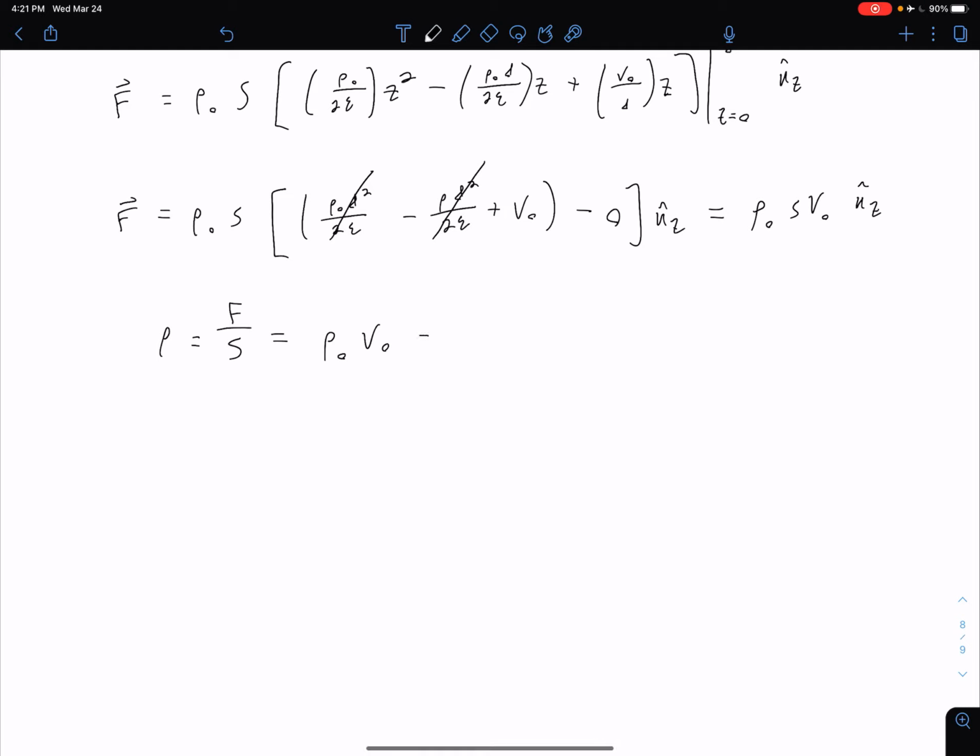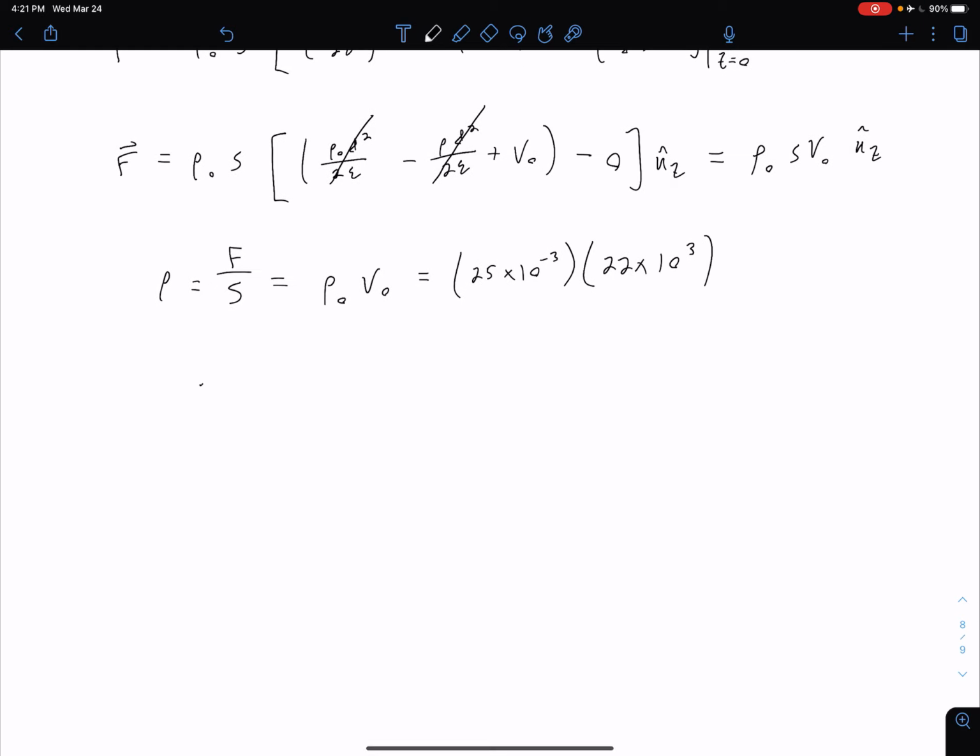And so we plug in our values: 25 times 10 to the minus 3rd coulombs per meter, and our volts, we had 22 kilovolts. I don't think I had copied that in this video, but that was given in the previous video. Our V naught was 22 kilovolts. That gives us a final answer for our pressure of 550 newtons per meter squared.